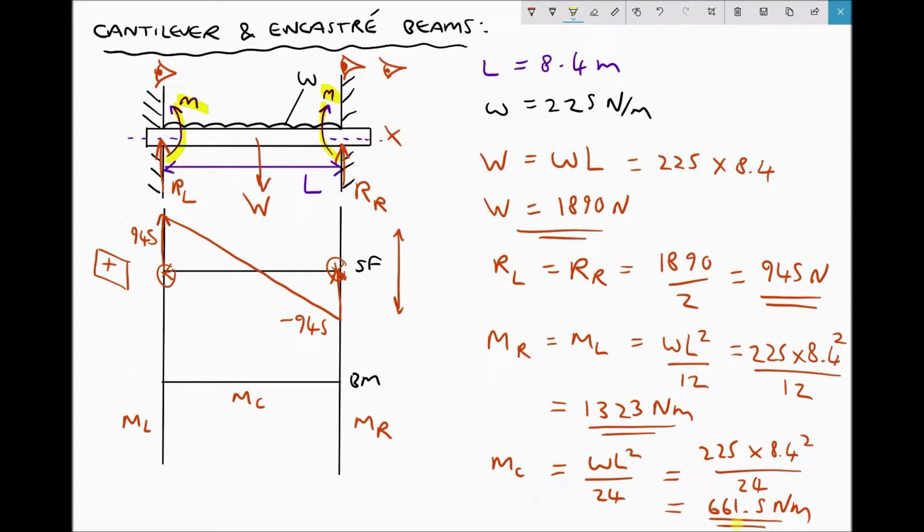Hopefully you can see from that what each of those bending moments is trying to do is cause the beam to hog. They're trying to make the beam take on this shape. Now hogging, we know, is negative. So ML and MR are actually both negative bending moments. They'll be down here on our bending moment diagram with a value of minus 1323 Newton meters.